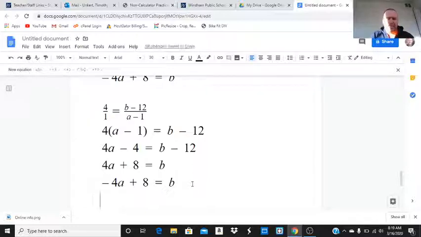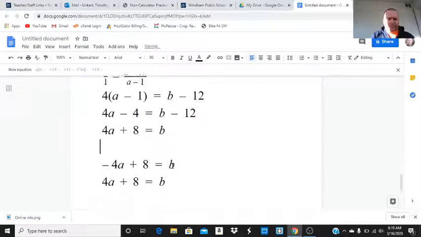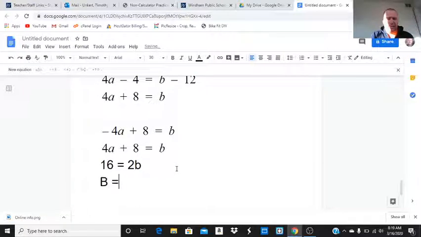So if we add these two together, the A's are going to cancel out. We're going to get 16 equals 2B, therefore B equals 8.